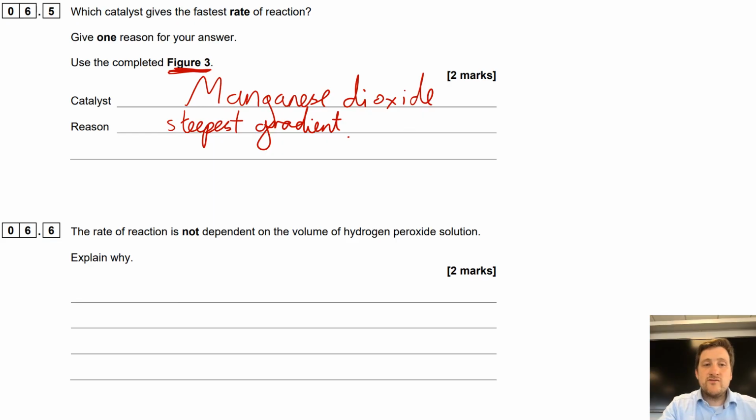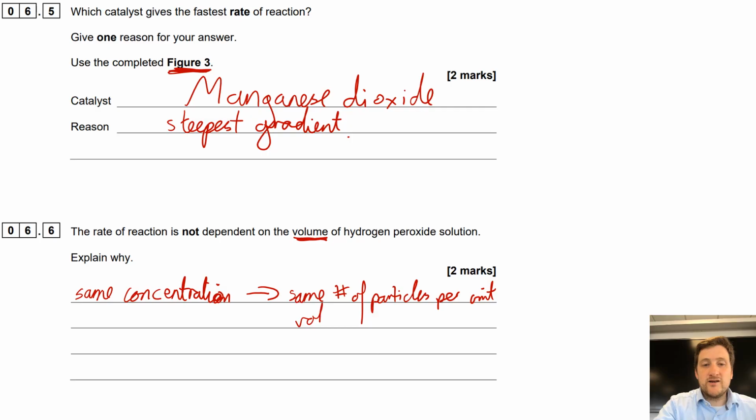Now the next one, the rate of reaction is not dependent on the volume of hydrogen peroxide solution. Okay, if we look back at the question, that is telling us the volume is not going to change. It's going to be the same, but also it's going to be the same concentration. So if the rate of reaction is not dependent on the same concentration of hydrogen peroxide, why is that? Well, what does same concentration mean? Same concentration means it's the same number of particles per unit volume.